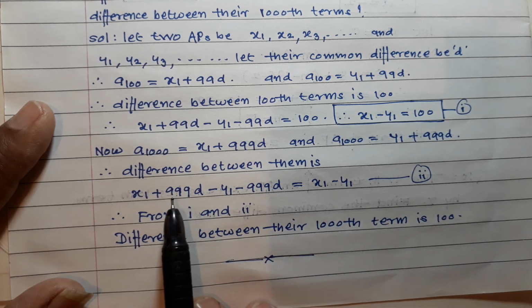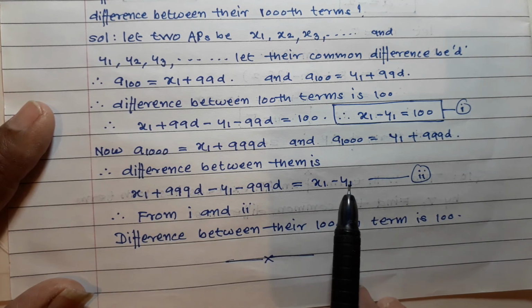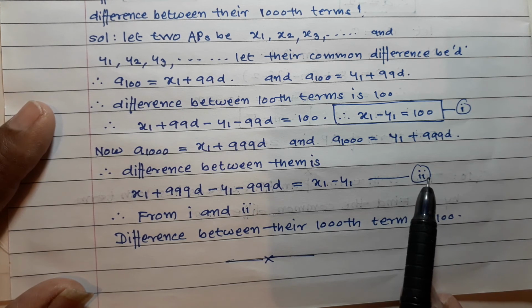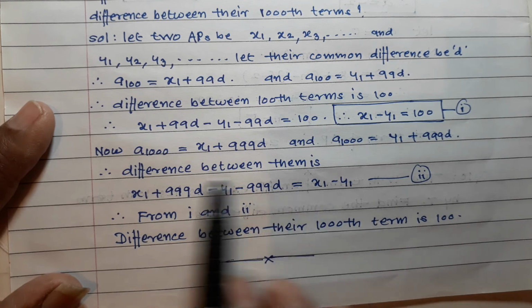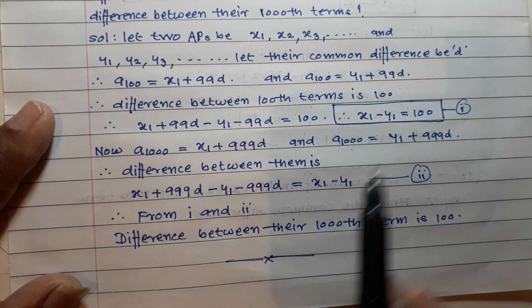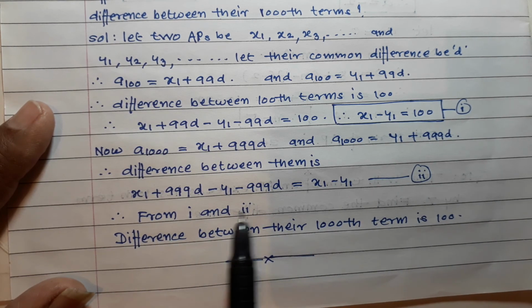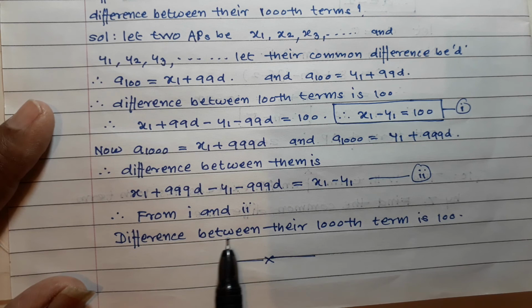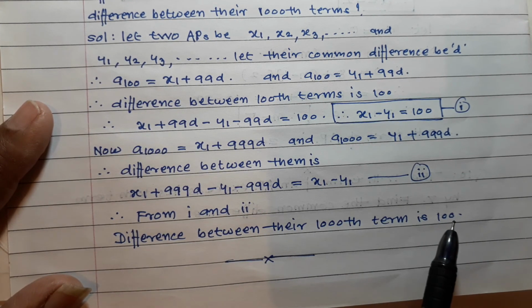Again this 999d gets cancelled, and we get x1 minus y1. x1 minus y1 is the difference between what? Thousandth terms. But you know x1 minus y1 is equal to what? 100, and therefore from 1 and 2, the difference between their thousandth terms is equal to 100.